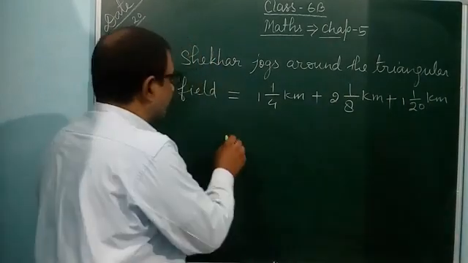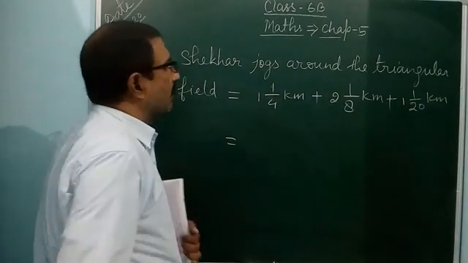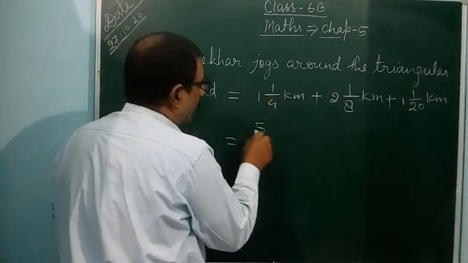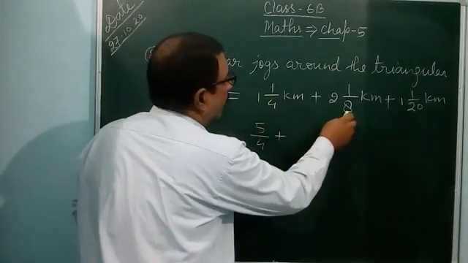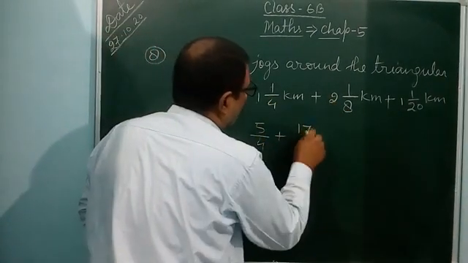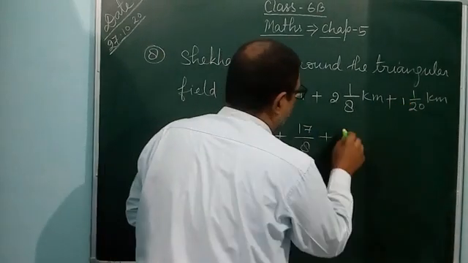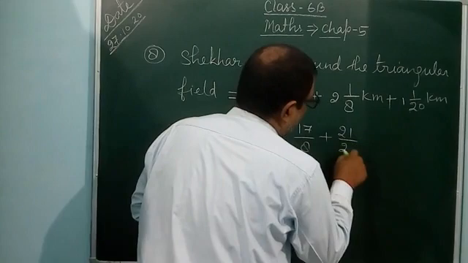After that, you change them into proper fractions: 5 by 4 plus 17 by 8 plus 21 by 20.